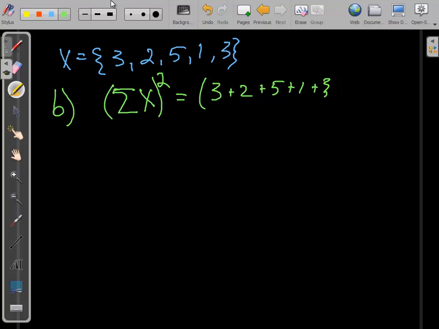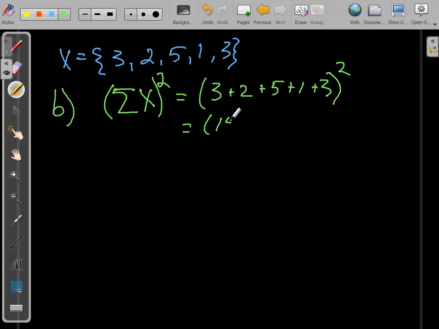Whoops, that's a horrible looking 3. Alright, let's go back. Plus 3, and then square everything. So add them up first, then square. We already know that the sum here, 3, 2, so 5, 10, 11, 14.